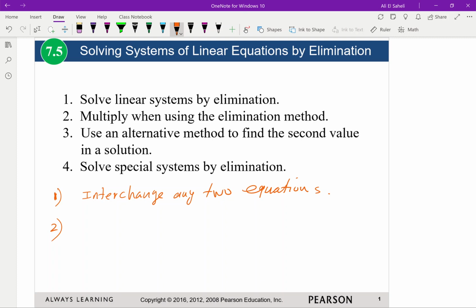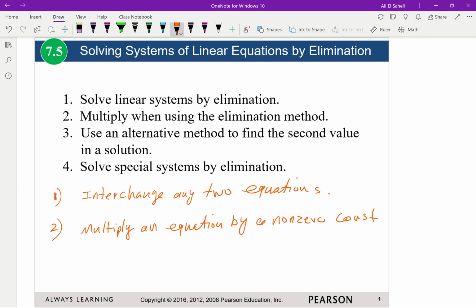The second step, which is also intuitive to some extent, we mentioned before. You can multiply any equation by a non-zero constant.